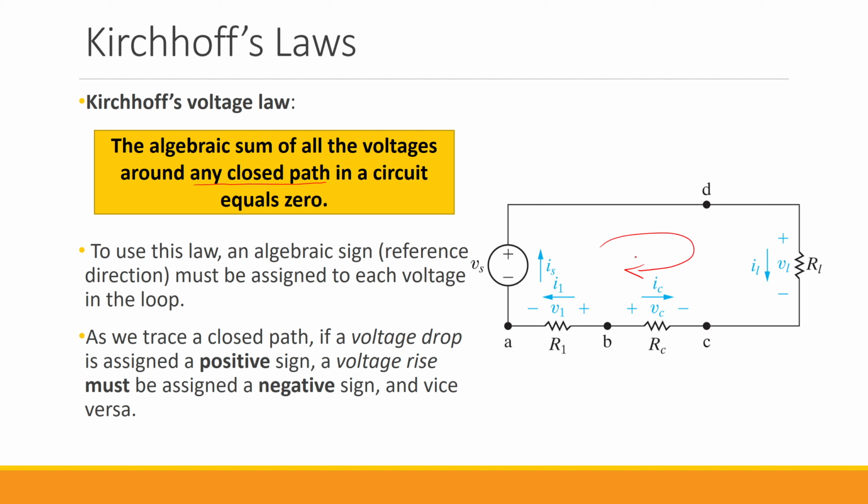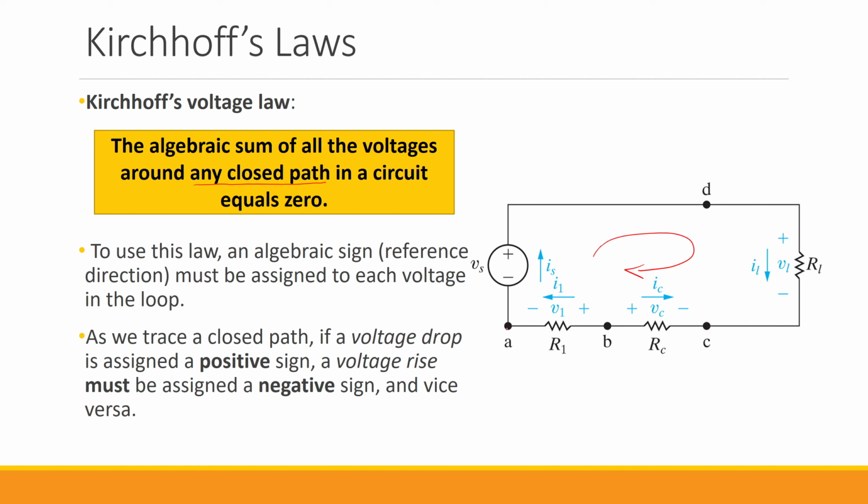Let's say I am going through this closed path in this direction, starting from node A. I want to clarify what I mean for considering it with a positive sign or negative sign. This is an easy way to do it.